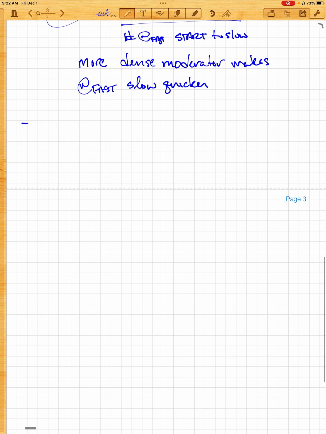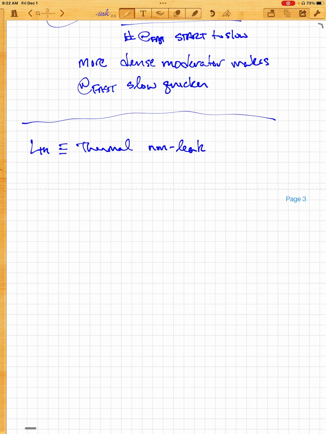Next in the 6-factor formula was the thermal non-leakage probability. And that's a probability that a thermal neutron won't leak out of the core. Now they have really low energy levels, and the core is so gigantic, this number is typically around 0.98.